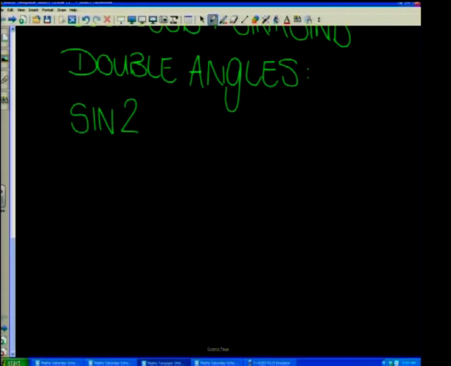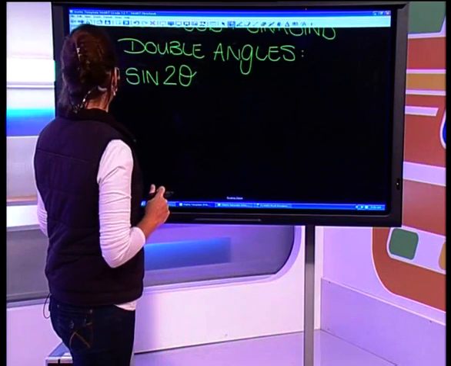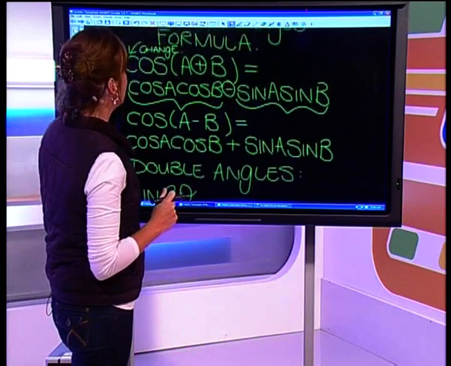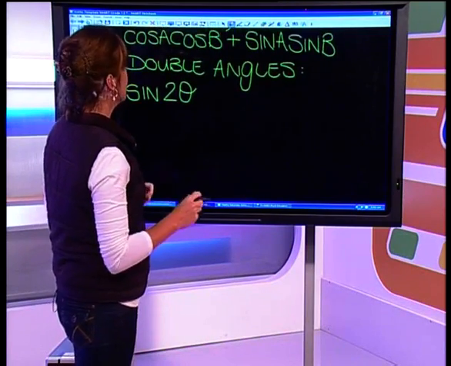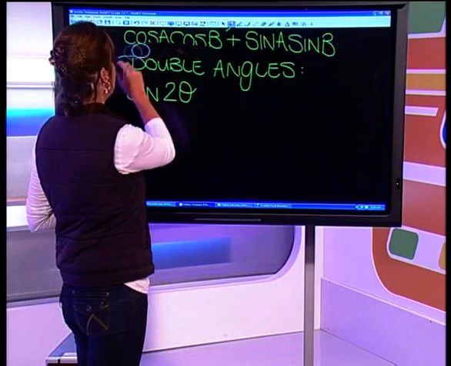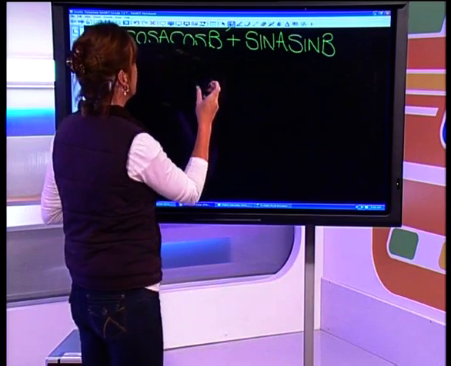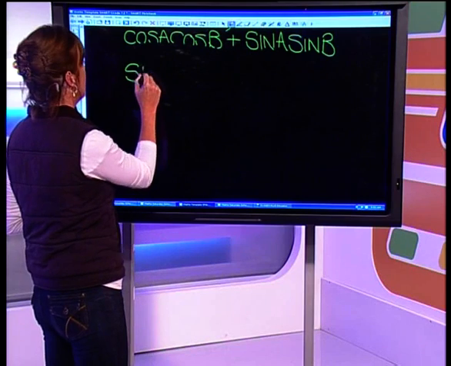of 2 theta, if I were to take that and expand it as a sine compound angle, which I didn't do. Let's take a second quickly. Let's just finish the sine compound angles.